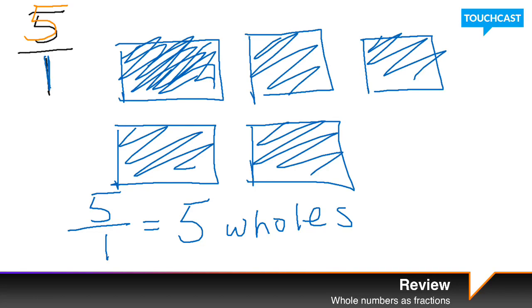This time you're going to do it. So let's have some problems. What is the whole number that represents this fraction? Where the box pops up, go ahead and type in that answer. For number 2, what's the whole number that represents this fraction?